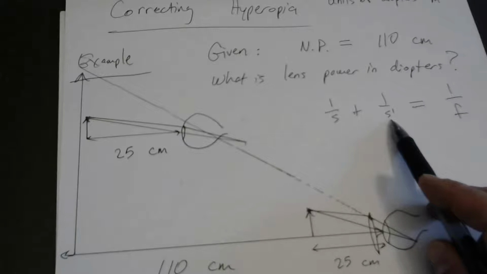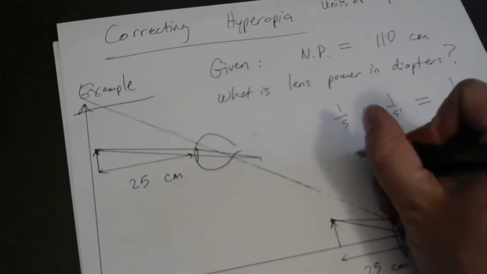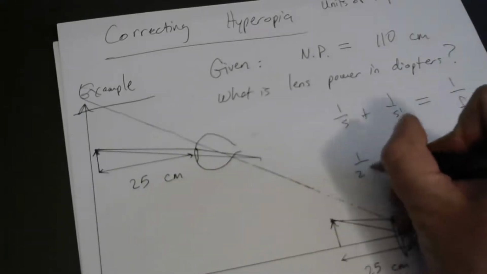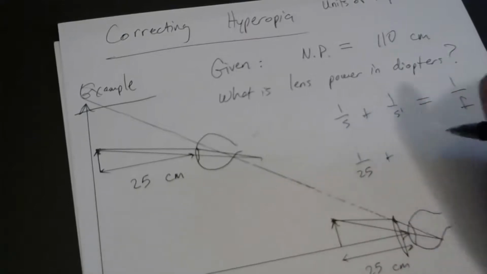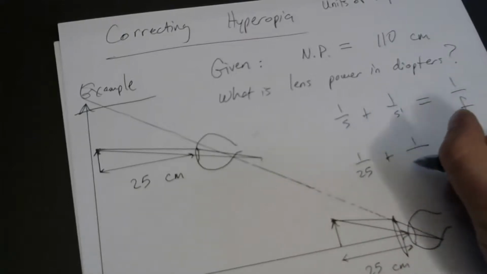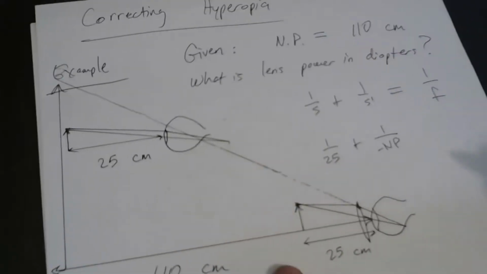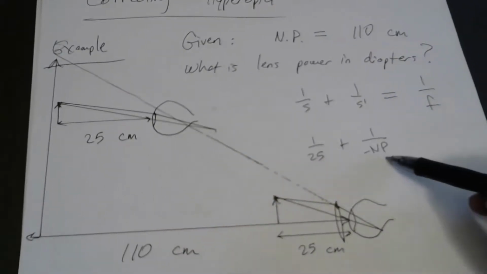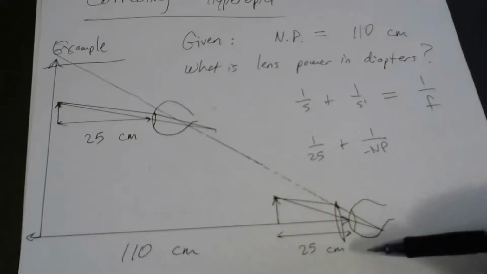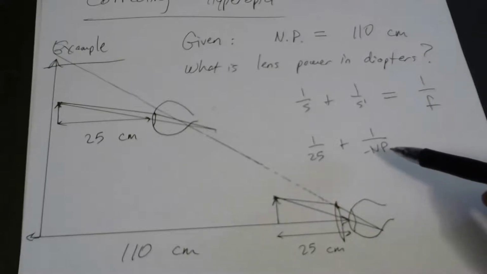It's a virtual image. So I suppose I could do this, 1 over S, or 1 over 25 plus 1 over negative NP. I hope your book does it this way. I'm using NP to mean the absolute value of the image distance. NP is the 110 centimeters. Well, I know that the actual image distance is negative.